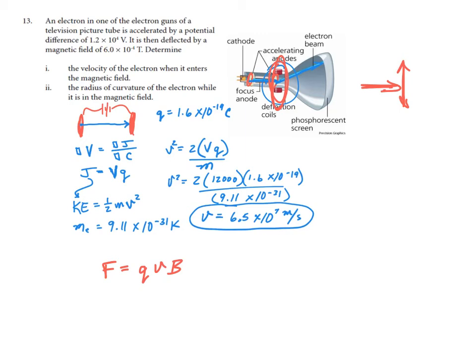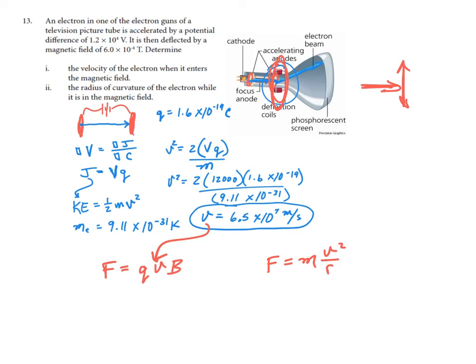So that'll be the force from the magnetic field, and we can use the velocity we just figured out to find that. Now what we're looking for is the radius of the curve, and the curve is going to be part of a circle, so we're going to have centripetal acceleration, which is v squared over r. All right, the centripetal force.